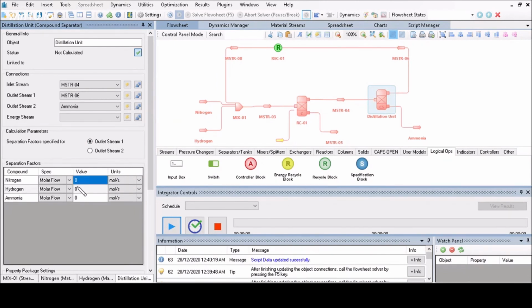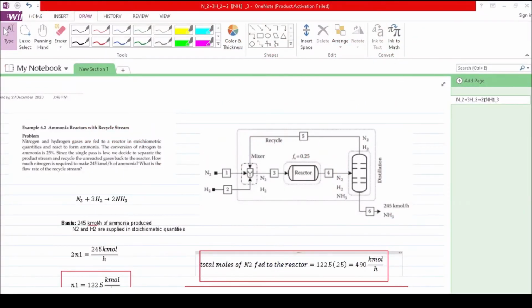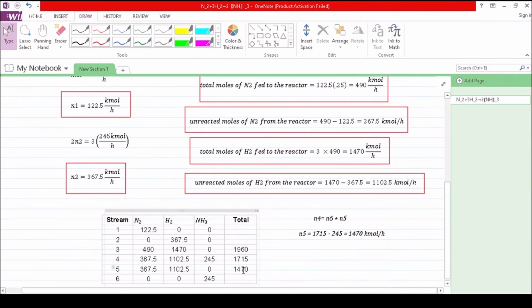So how do we get this value? Basically, we know that for this stream, for the nitrogen and hydrogen, the outlet stream 1, we have a value of 1470 kilomoles per hour.